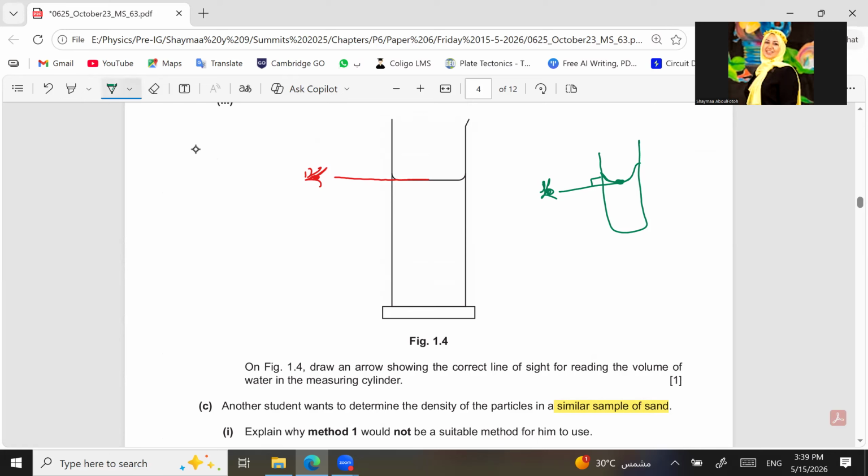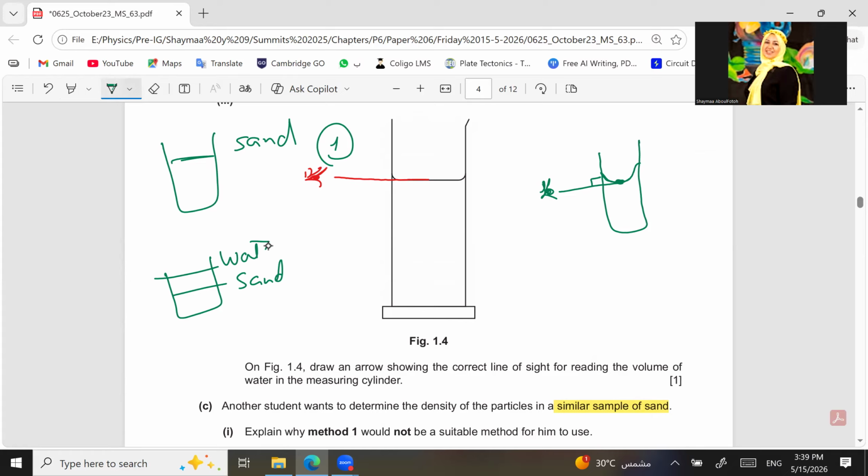The first one, we have sand only. This is method number 1. Method number 2, I add sand, and then I add water, and according to the equation, I can get the density of the sand only by removing anything related to the water, according to the rule which is given.